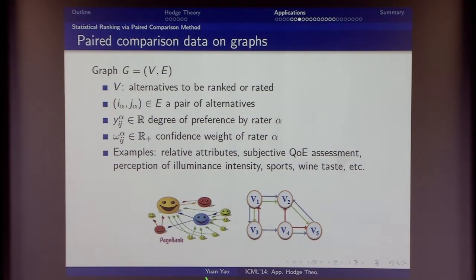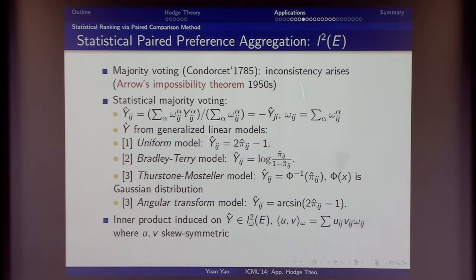If you trace back to the classical PageRank, that's one particular version of this kind of data. But more data nowadays arise from multimedia and computer vision and even wine taste psychology studies. And how do we aggregate this kind of data into a consistent global preference order or global ranking?